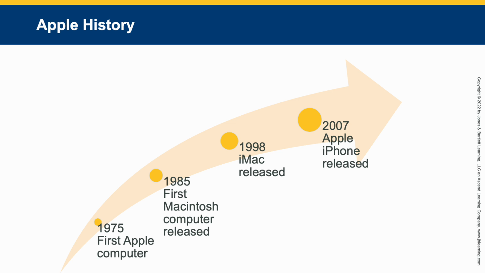The early 1980s saw Apple venture into new territories with the introduction of the Lisa and the Macintosh. The Lisa, released in 1983, was one of the first personal computers to feature a graphical user interface, or GUI, but its high price and limited software availability led to modest sales.